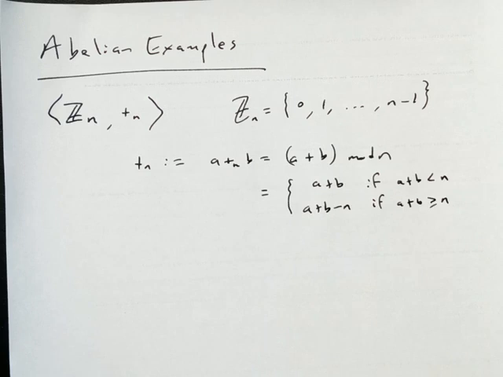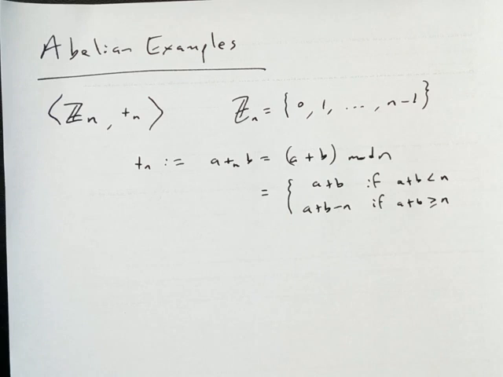The biggest possible thing you could add in this group is n minus 1 to n minus 1, which is never bigger than 2n. So you're really going to be stuck with, at most, you have to subtract off one value of n. Guaranteed to be between 0 and n minus 1 with your answer. So that's convenient.